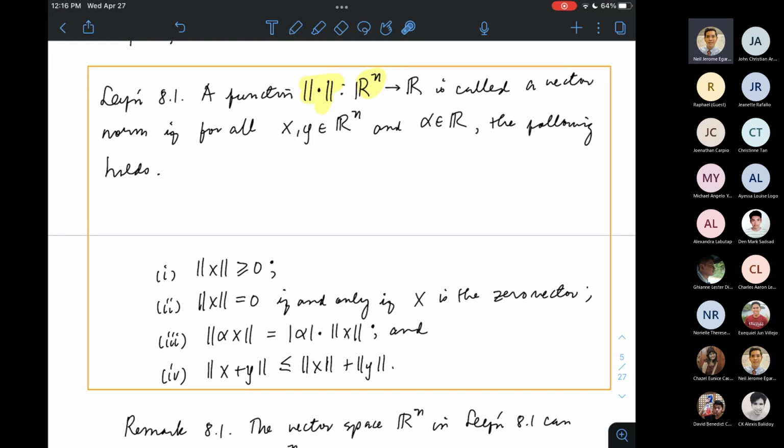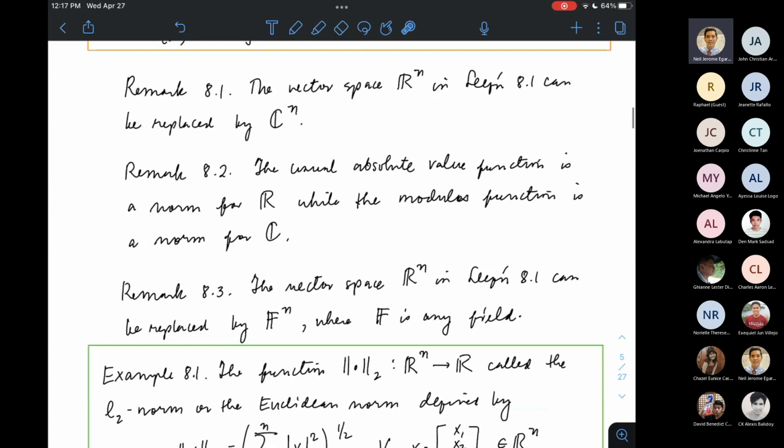So isang madaling example ng isang vector norm ay ang absolute value function at ito ay isang norm from R to the 1 papunta kay R. Another thing is the modulus function, yung absolute value o yung modulus ng isang complex number defined as halimbawa si z ay complex number na equal kay a plus bi. Ang kanyang absolute value ay square root of a squared plus b squared. So isa rin siyang norm. So ito yung mga usual norm na na-meet nyo before.